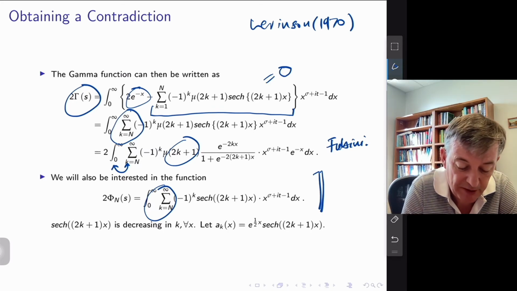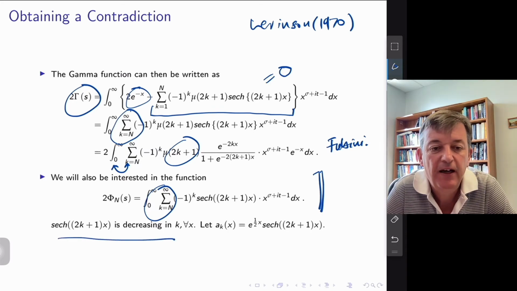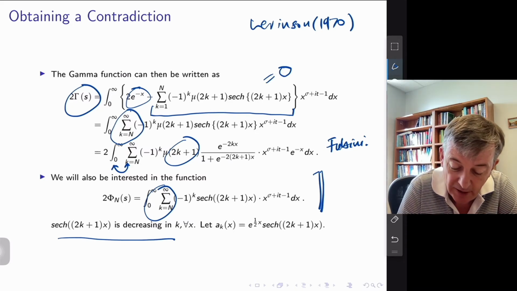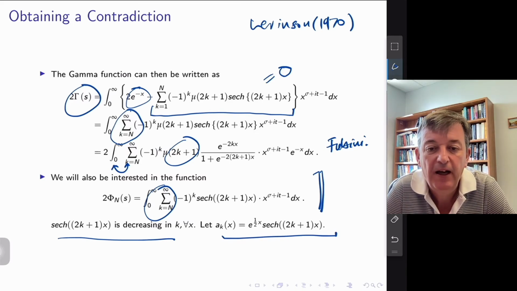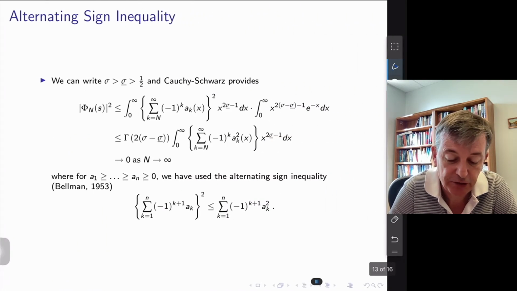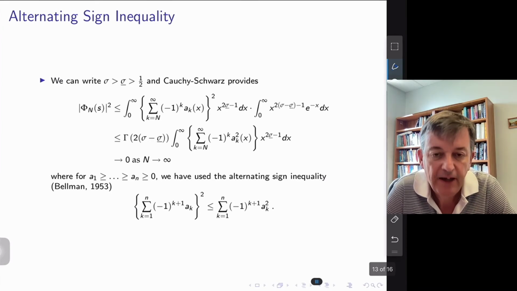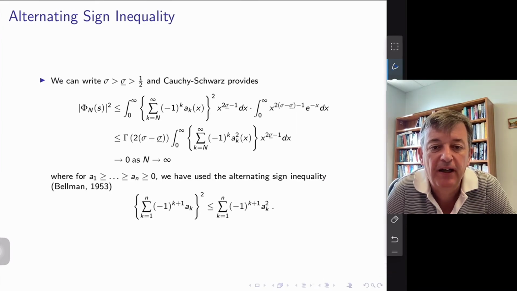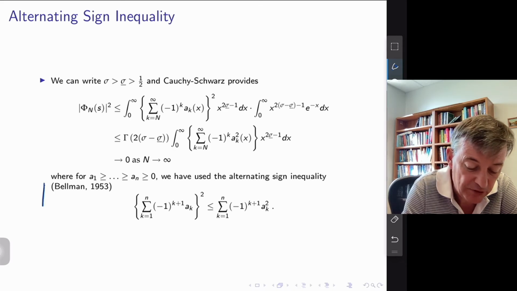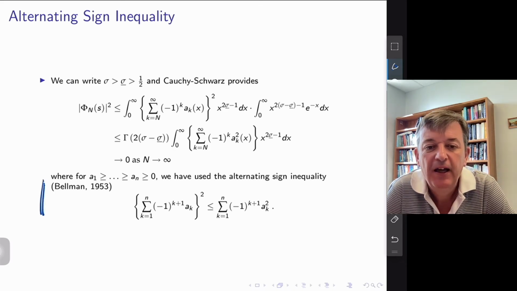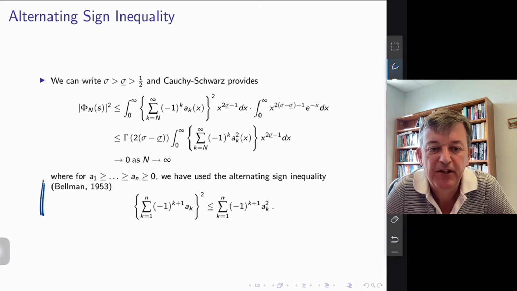Another basic fact: the secant function is decreasing in k, just definitional. Let a sub k be the secant tilted by the exponential. Now there's a very cute little inequality that I've always liked, of Bellman's, one of my favorite mathematicians.